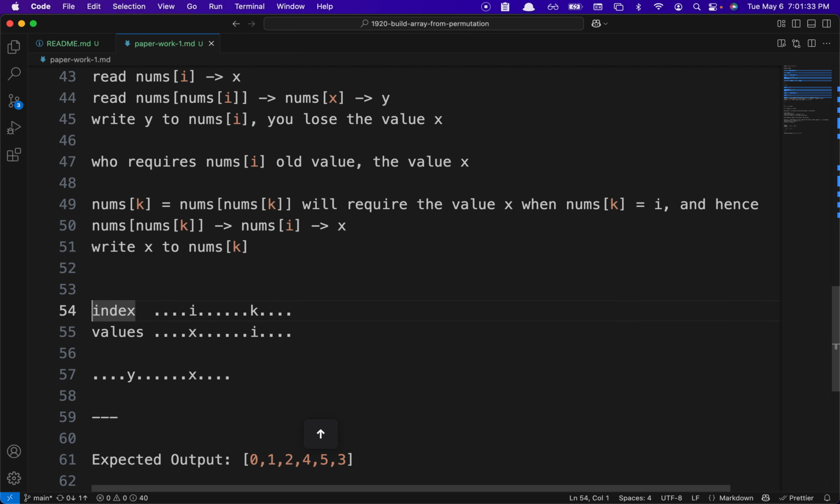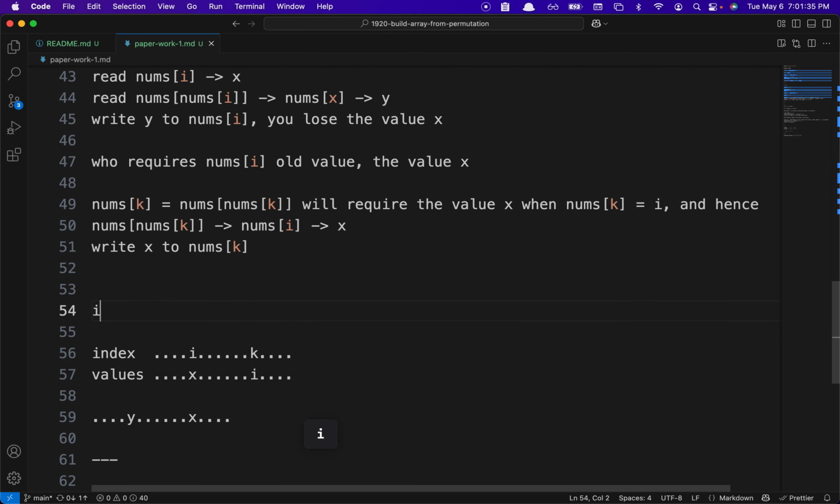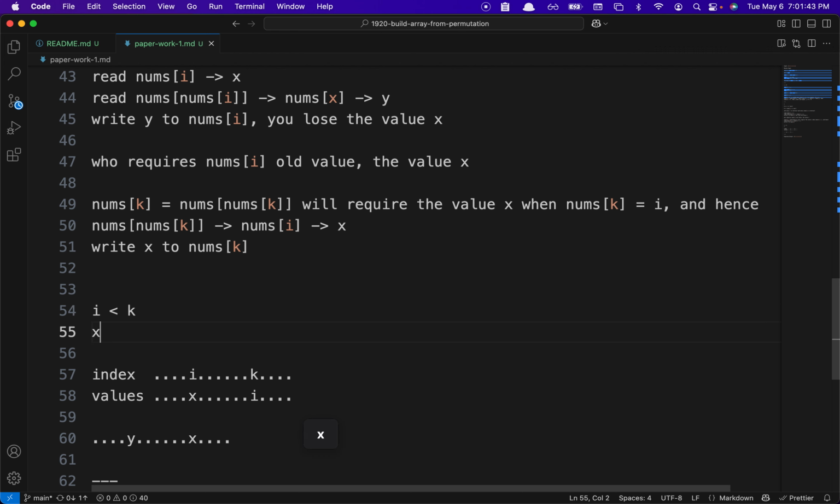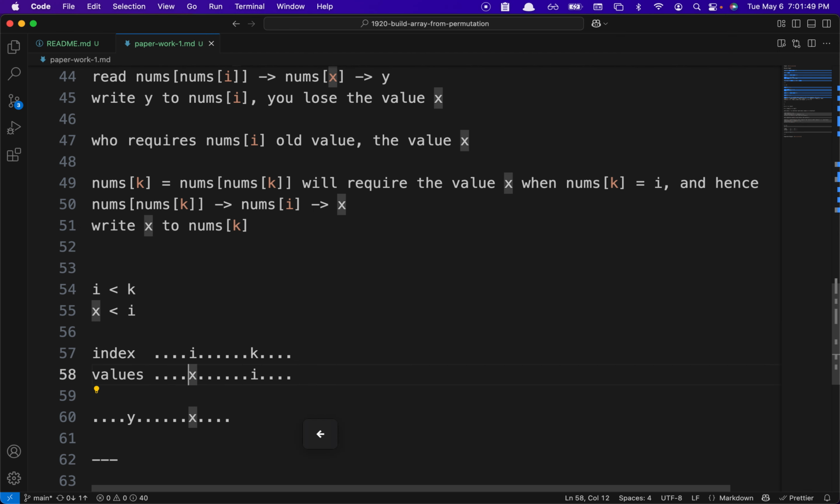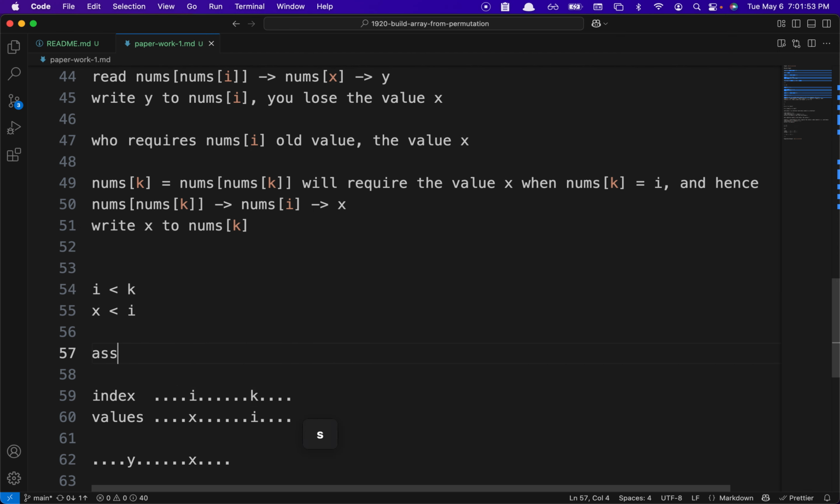So here we are just saying then I is less than k, right? And hence x is less than I. Okay, assuming nums of k is equal to I, right?